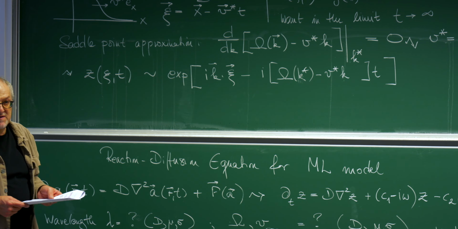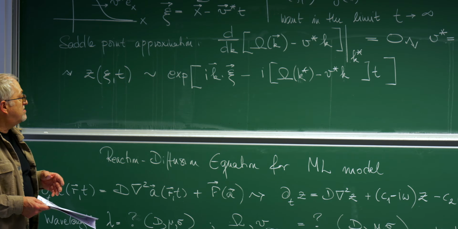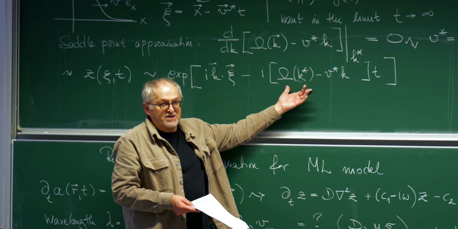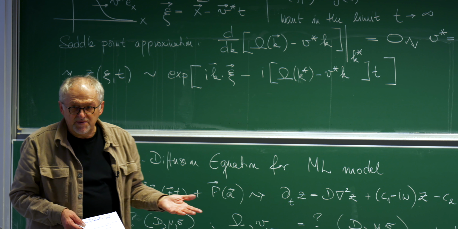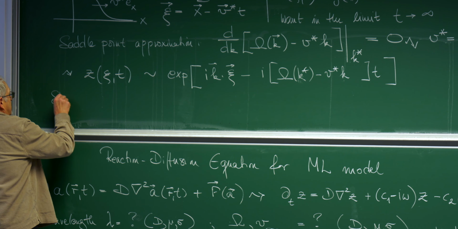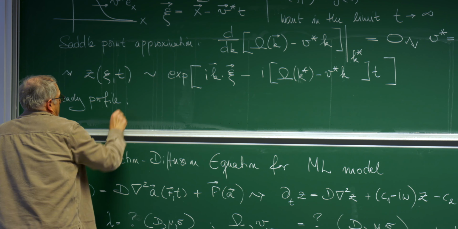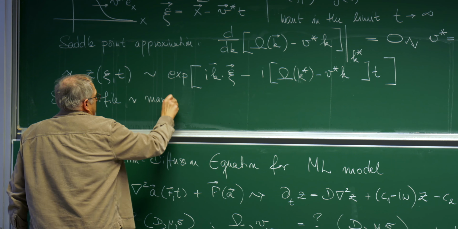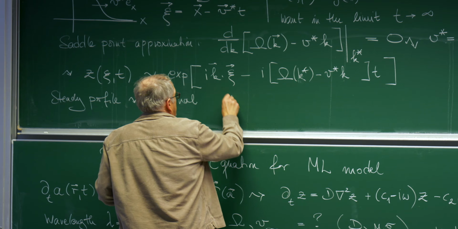I said I want this to be a solution that's steady. So I need to have the imaginary part of what I have here on the right-hand side to be 0, because otherwise this would be a growing or shrinking solution. So I want a steady profile. And for that, I need the system to be marginal, meaning that the imaginary part is 0.